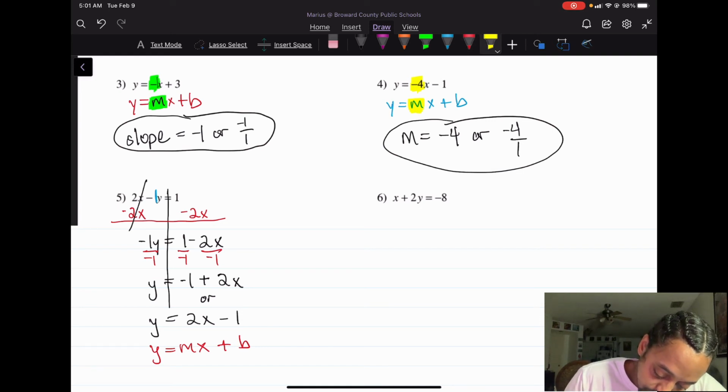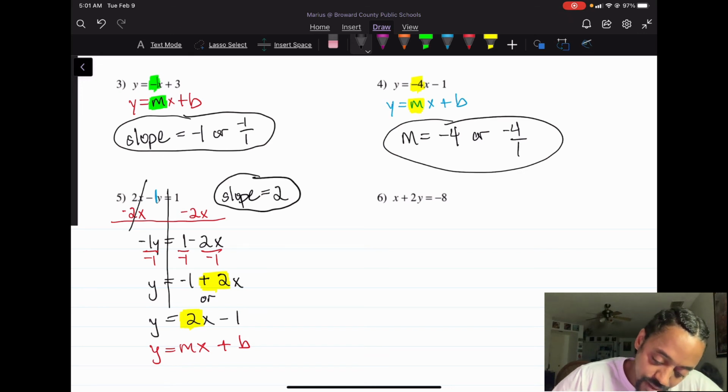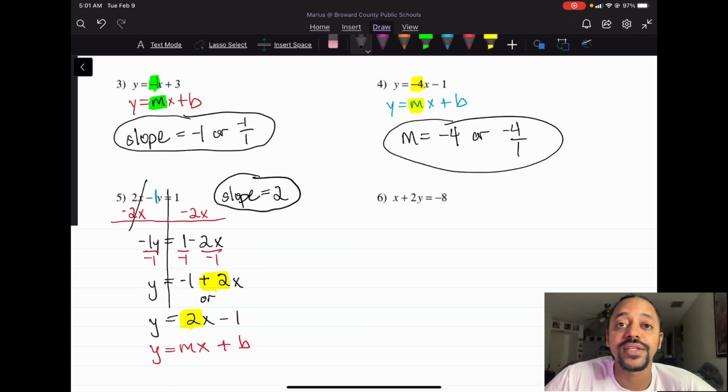So in this case, the coefficient of x is positive 2. It doesn't matter how we write it. We can see that our slope for number 5 is equal to positive 2. Final answer. Now let's take a look at number 6, and that will complete our video for the day.